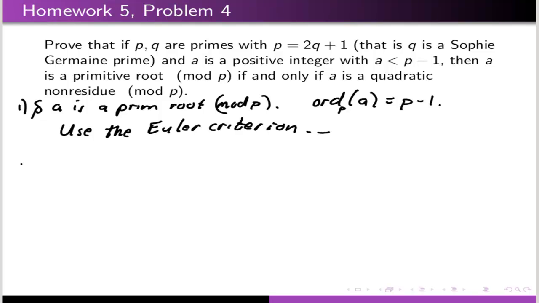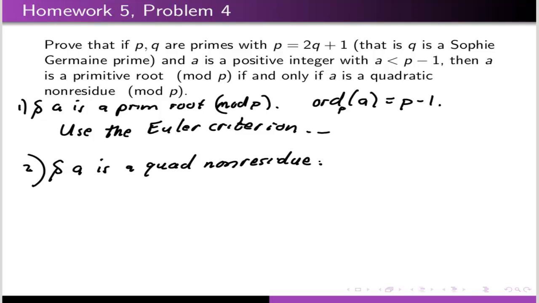Try that out. And now let's turn to the converse. In the converse, we're going to suppose that a is a quadratic non-residue. And so again, by the Euler criterion, this is -1 mod p.